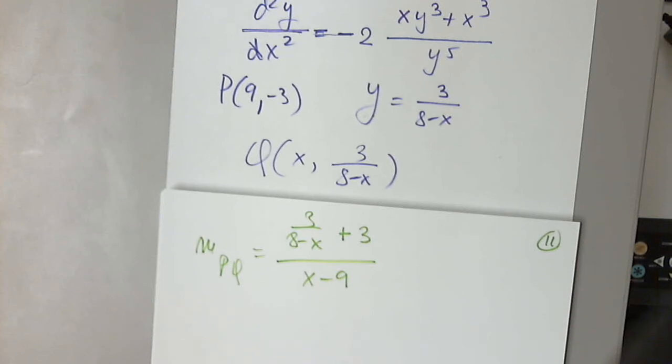Then how do we get the plus 3? Because it's minus minus minus 3. Okay. y2 minus y1 over x2 minus x1. Right? So Q is the point x comma the function, and the point P is 9 comma negative 3. So when you plug in 9, 8 minus 9 would be negative 1. 3 divided by negative 1, you get this point. Oh, we're using pink here. Okay. Right, right. Okay, gotcha.